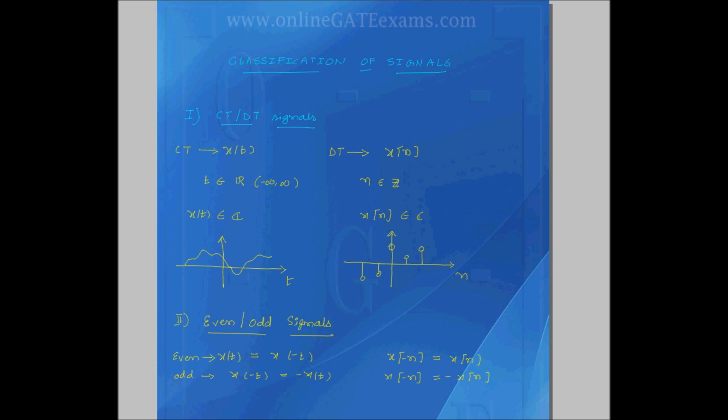If you take examples for the continuous time case, x of t equals cos t, t square, and so on. These are examples of even signals. What are examples of odd signals? They will be sin t, t, and so on.